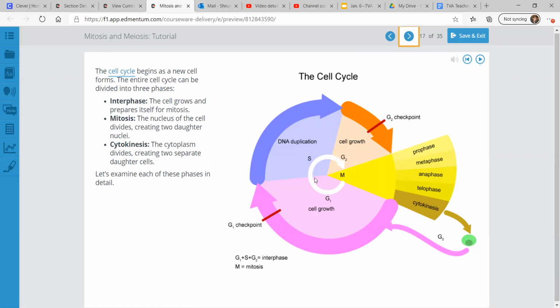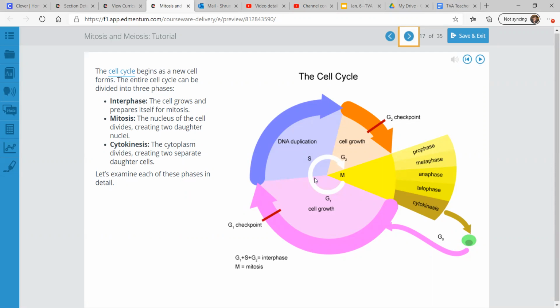The cell cycle begins as a new cell forms. The entire cell cycle can be divided into these three phases. We have interphase. The cell grows and prepares itself for mitosis. Mitosis, the nucleus of the cell divides, creating those two daughter nuclei.